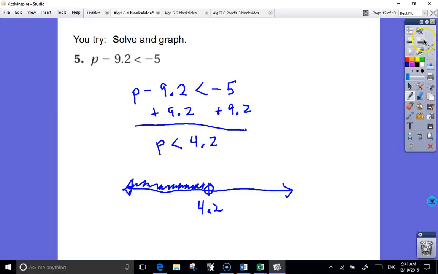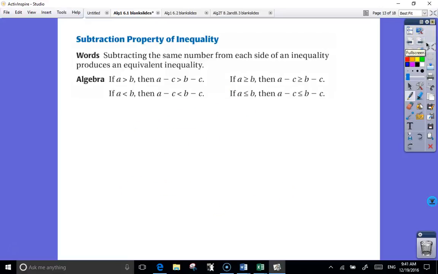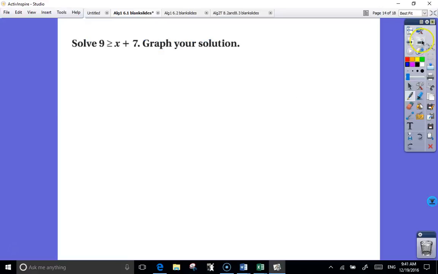Okay, let's try another one. So then subtraction property of equality, which means you could subtract the same thing from both sides and get an equivalent inequality. And there's nothing different about this than if you were doing this to solve an equation. So, solve. 9 is greater than or equal to x plus 7.